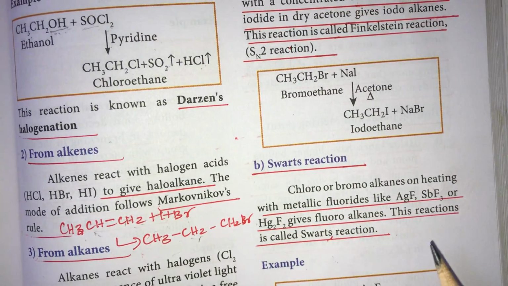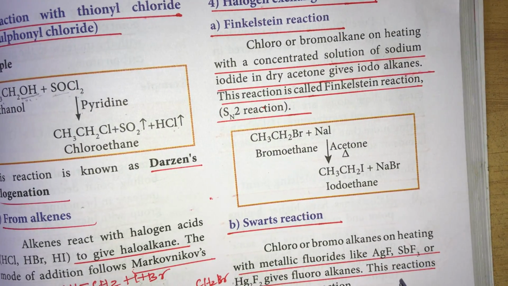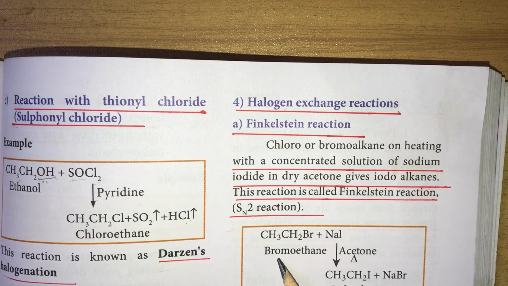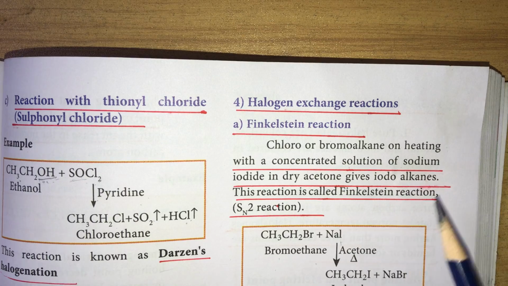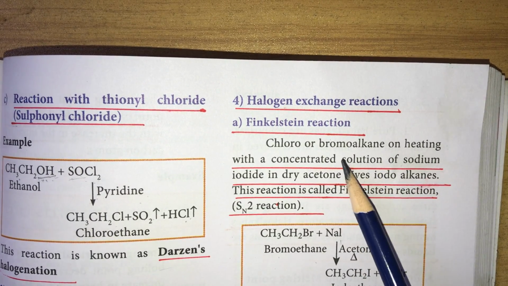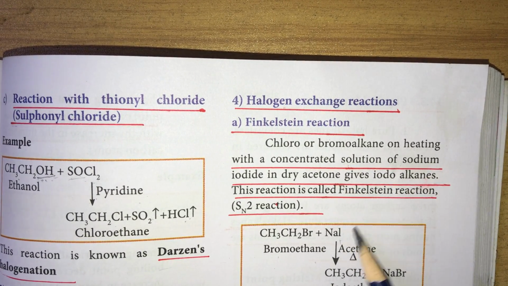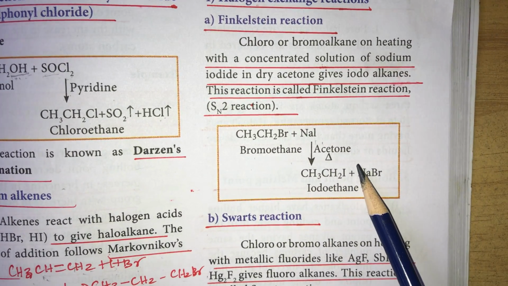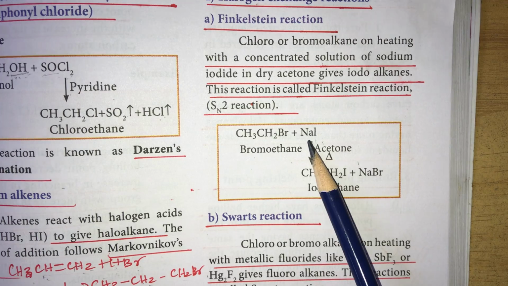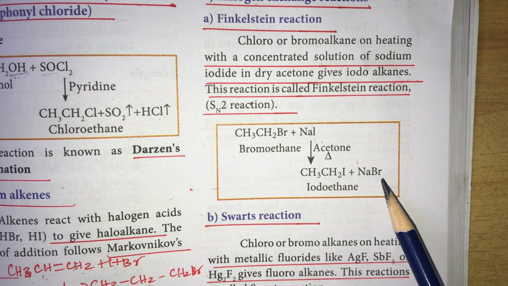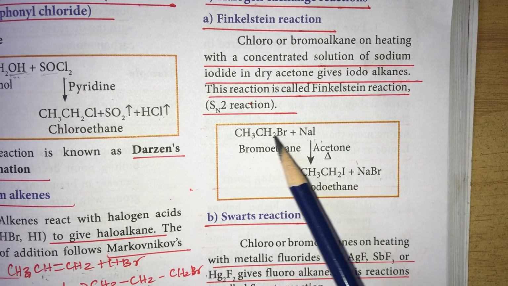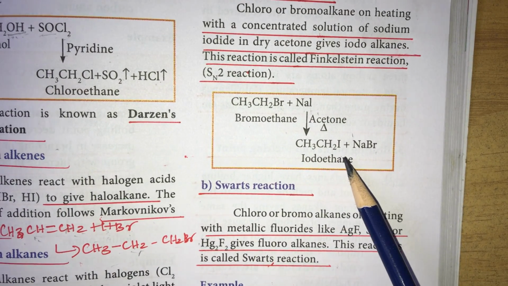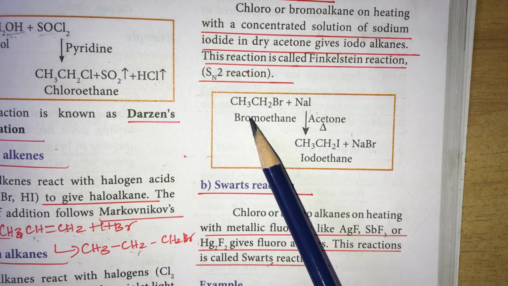Next one is the halogen exchange reaction. This reaction is called the Finkelstein reaction. Here, bromoethane reacts with sodium iodide. A chloro or bromoalkane on heating with a concentrated solution of sodium iodide in the presence of acetone: sodium and bromine react to give sodium bromide, and instead of bromine, iodine gets substituted, thereby forming iodoethane.